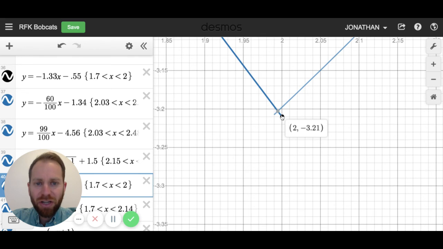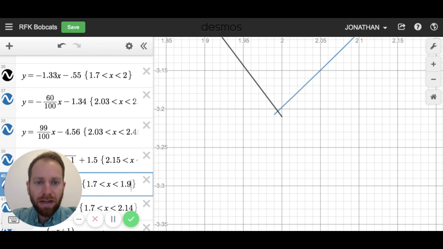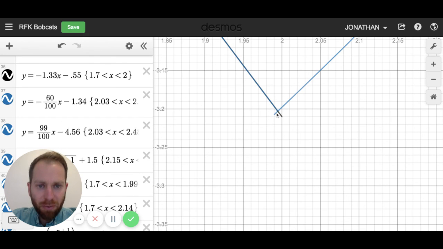So I need to change certain things in order to restrict it a little bit further. So maybe it shouldn't really be stopping at 2. Maybe it should be stopping at more like 1.99 or 1.994, because then you can see that it's actually a little bit more accurate right here. So that's something that I need to work on still, but at a certain point, you just have to decide that it's ready to go.